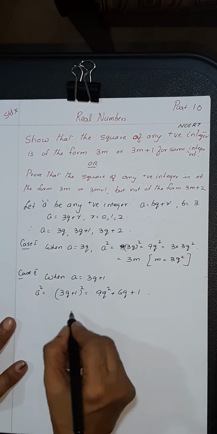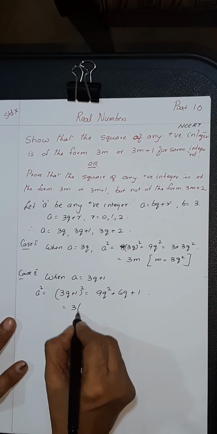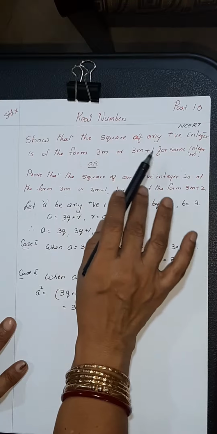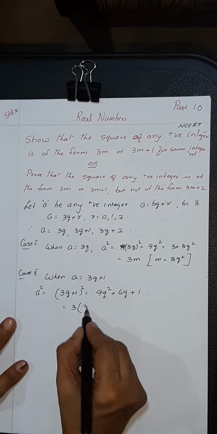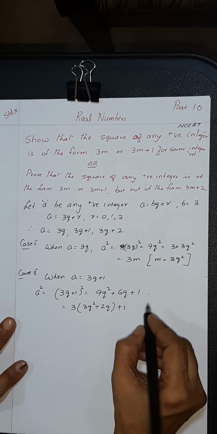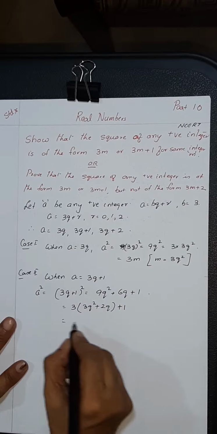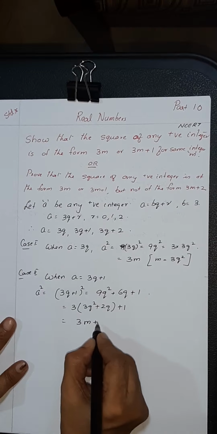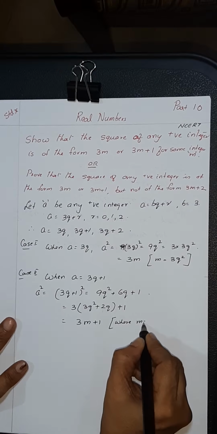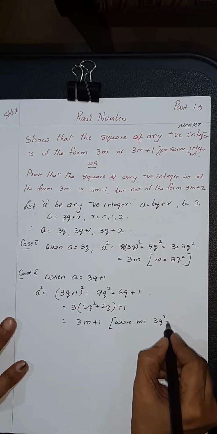We have to write it as 3m or 3m plus 1, so 3 into 3q squared plus 2q, plus 1. So this is equal to 3m plus 1, where m is equal to 3q squared plus 2q.